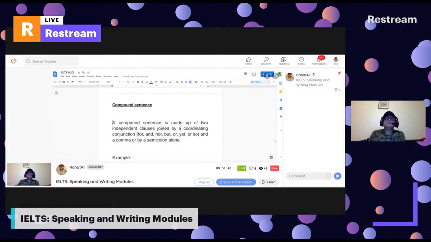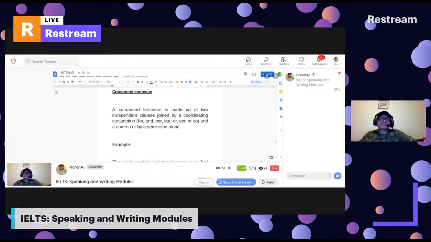The easy way to remember is that in a compound sentence, each of them has separate, independent meaning. If you say complex, you can understand that one is dependent, another is independent. Whereas in a compound sentence, both of them are independent, and they should be joined by a coordinating conjunction.